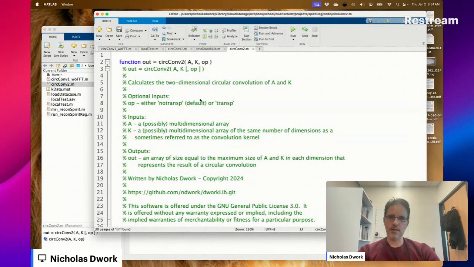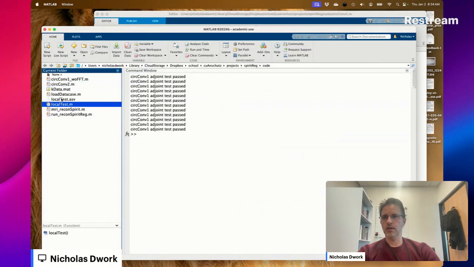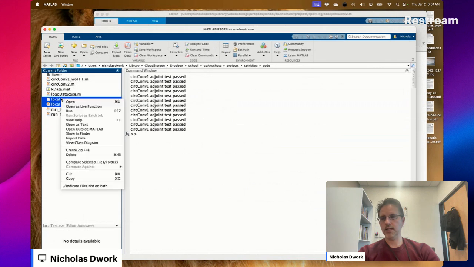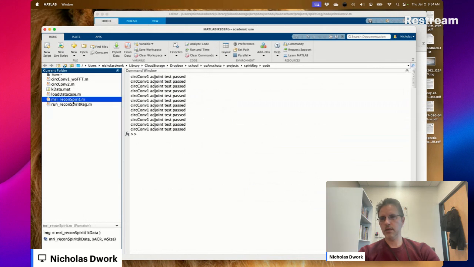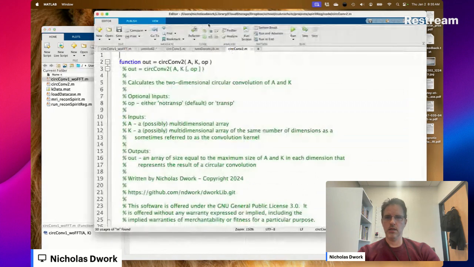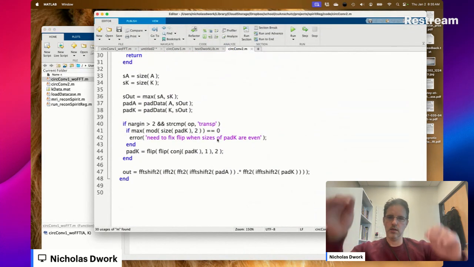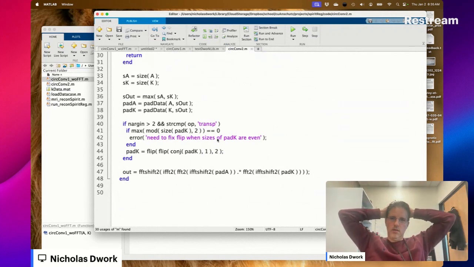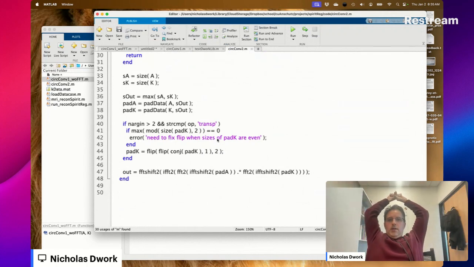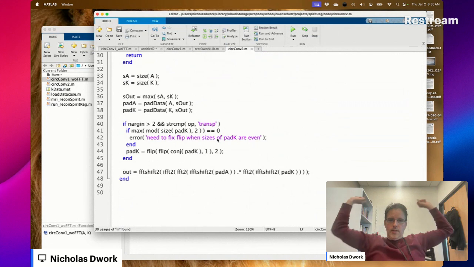Where does that leave us, right? So now we can remove the local tests. Well, there's a lot to fix here. Okay.